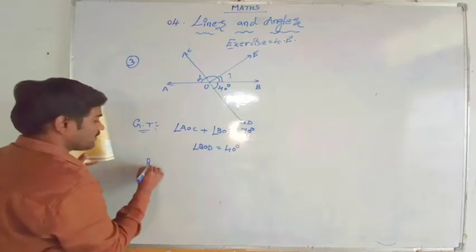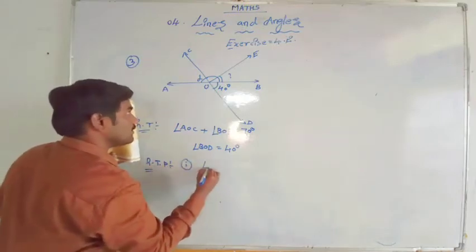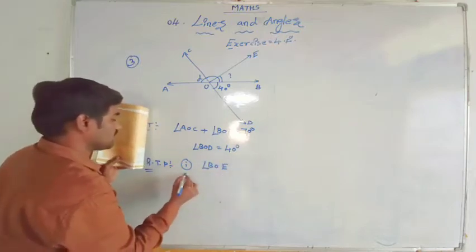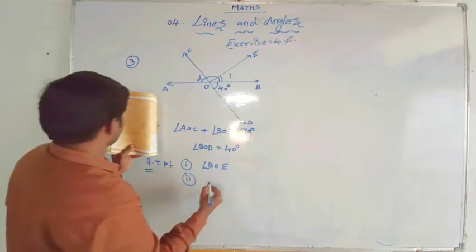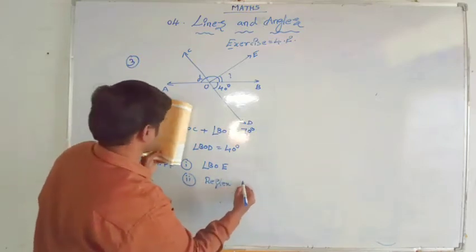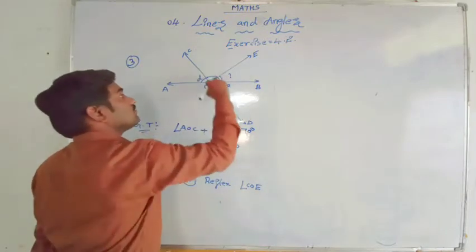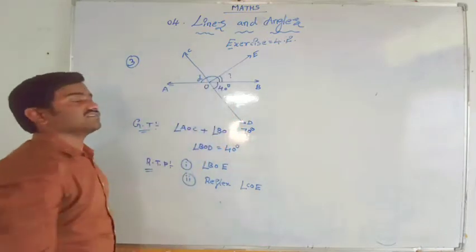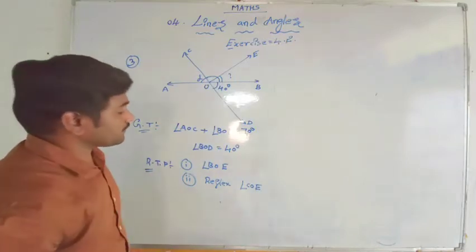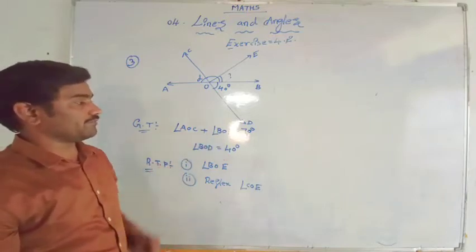So RTP: let us write first, angle BOE we need to find. The second one, reflex of angle COE, this angle reflex we need to find out. Now first of all, let us see how we can find the first angle BOE.